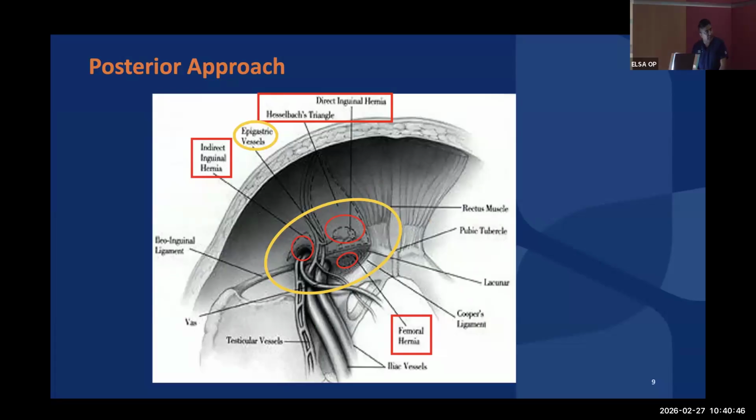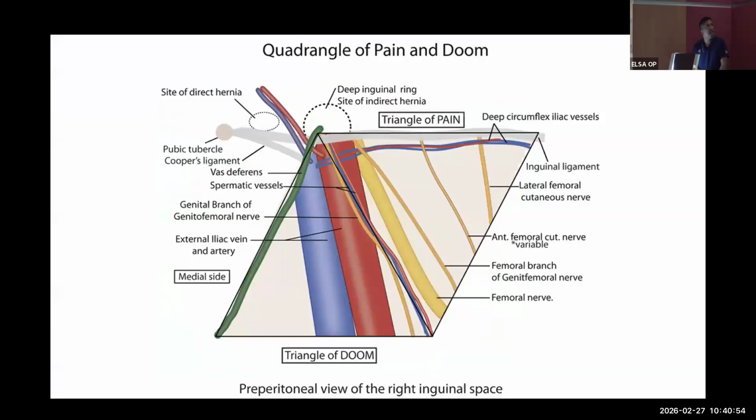The other thing in endolaparoscopic hernia repair that is also important is the obturator. The quadrangle of pain, and the most important thing is that I'm sure you know the boundaries, but the most important thing I would like to say is that in all patients there's a transversalis fascia that is covering.